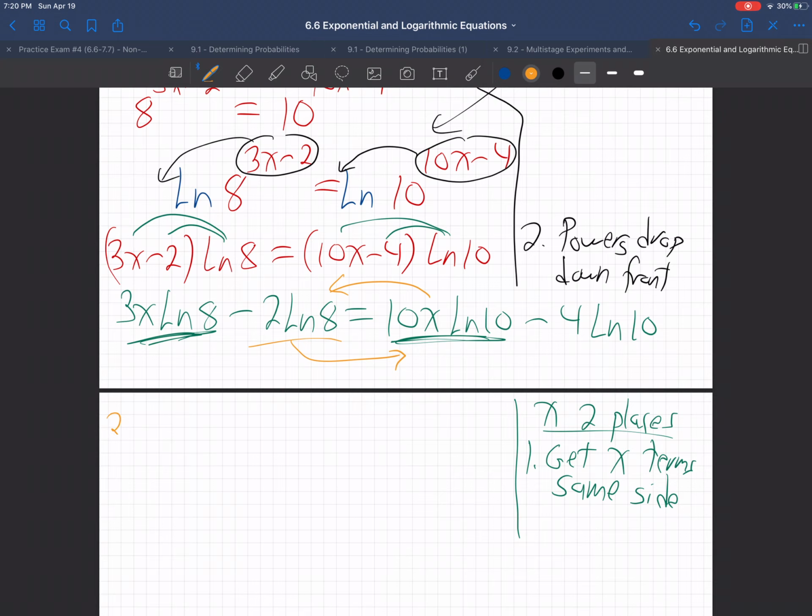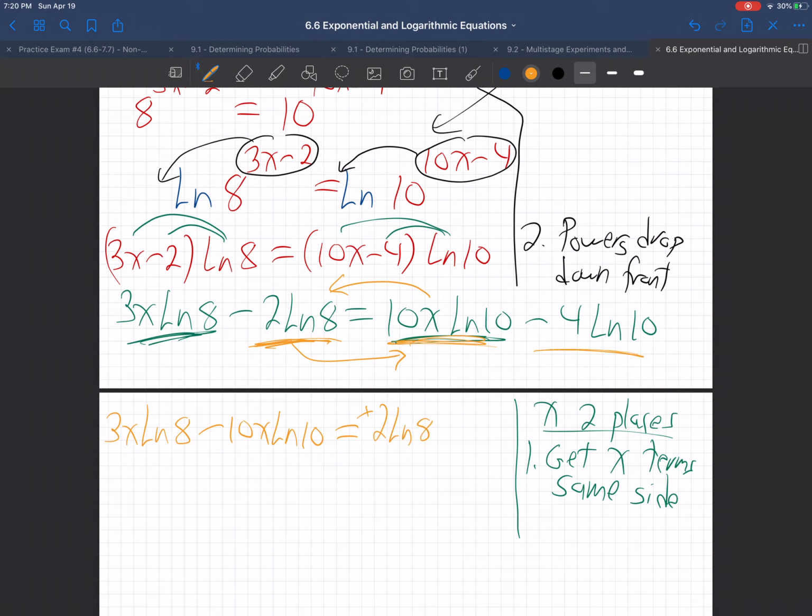So that'll give me 3x ln 8. And remember, when things jump to the other side, they switch their sign. So this 10x ln 10 jumps over, becomes minus 10x ln 10 equals. And then this minus 2 ln 8 jumps to the other side of the equal sign, right? That's what they're jumping over, the equal sign. It becomes positive 2 ln 8.